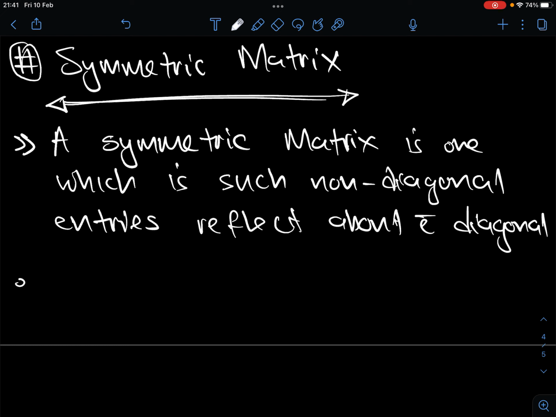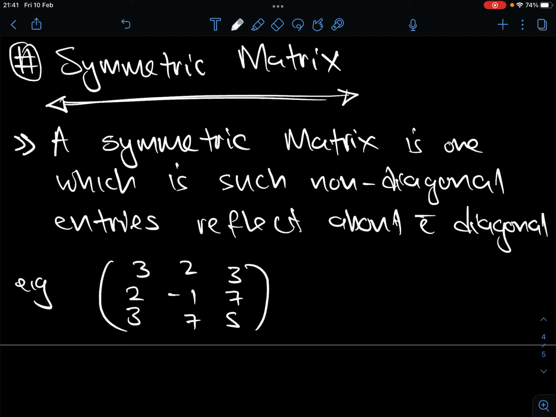So for example, let's look at what exactly we're trying to say here. Let's look at the matrix 3, -1, 5, then 2, 3, 7, then 7, 3, 2.